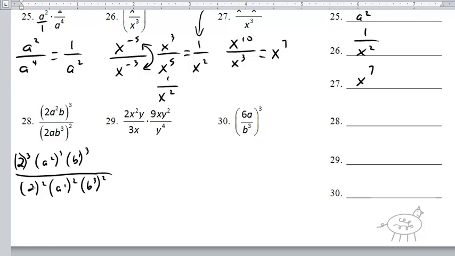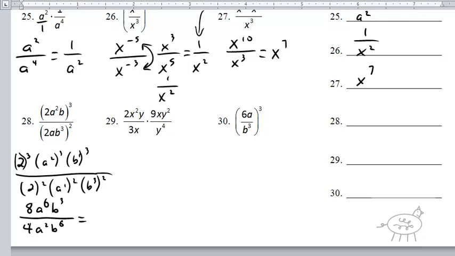Okay, so 2 cubed is 8, a squared cubed is a to the 6th, b to the 1 times 3 is 3. In the bottom I get 2 squared is 4, and that's a to the 2nd, b to the 6th. Alright, and then I do battle.